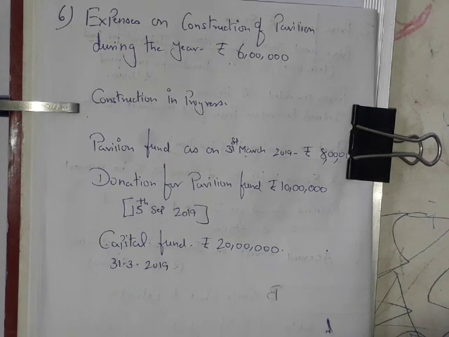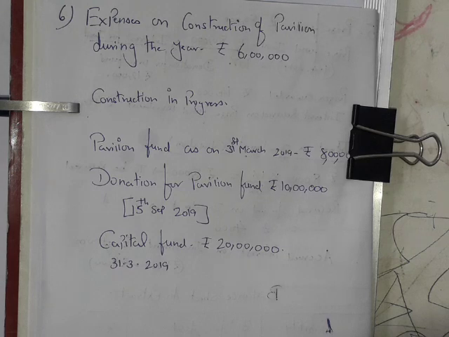At the same time, you have to add this amount of rupees 6 lakhs, which is spent on the pavilion construction, with your capital fund on the liability side of the balance sheet.